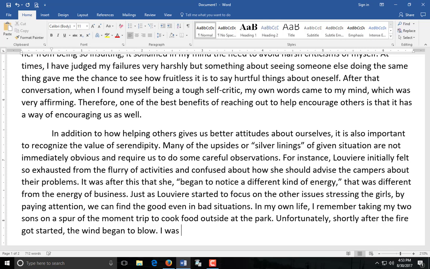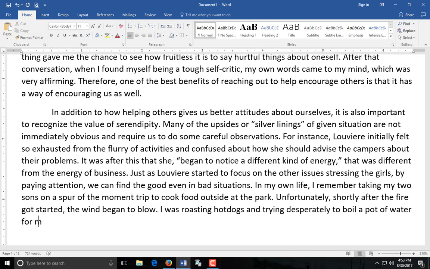I was roasting hot dogs and trying desperately to boil a pot of water for macaroni and cheese. These two foods are their favorites.